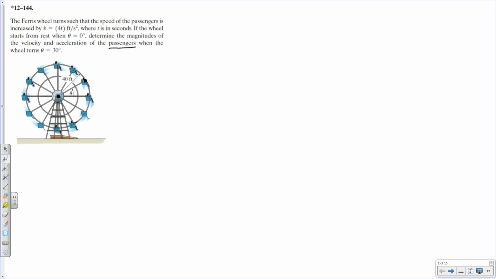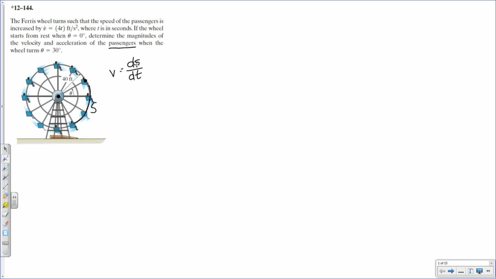But the further away that you get from the axle, the more distance you cover per unit of time. And we know that v is equal to ds dt. Your speed is equal to ds dt. And if s is the distance that you travel, then for a given period of time, you travel a greater distance the further away from the axle you are.